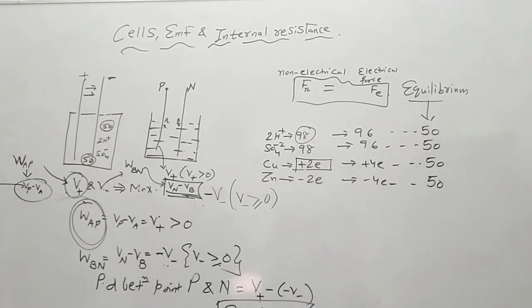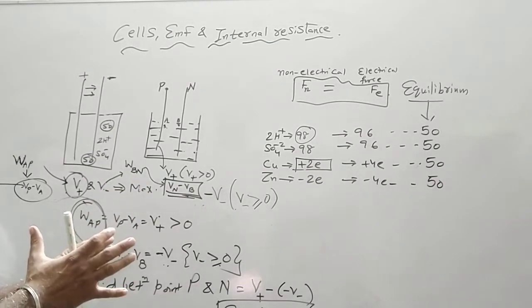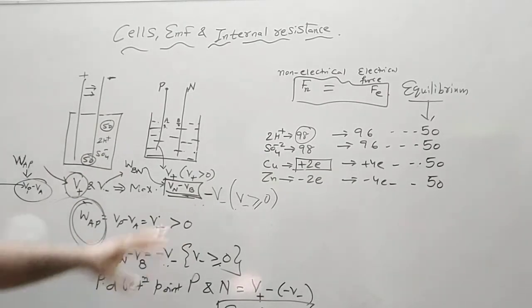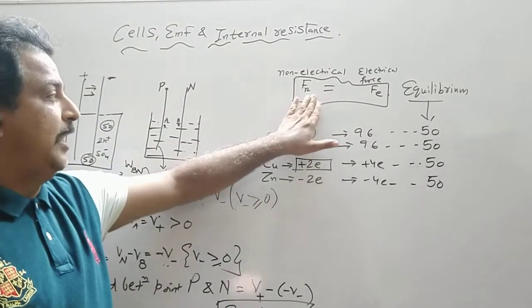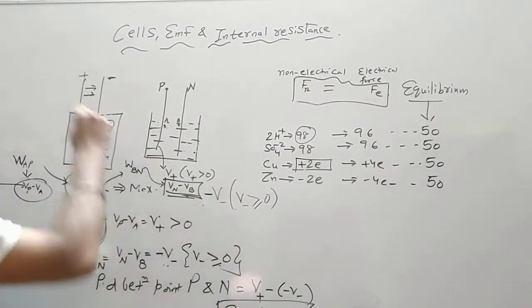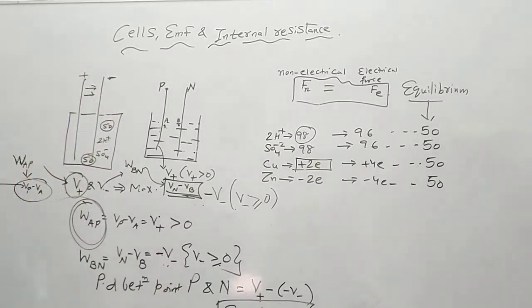So this is the potential difference created when we bring a cell from the market, or this is the condition inside the cell, Fn is equal to Fe. Now the potential difference between these two electrodes is maximum.